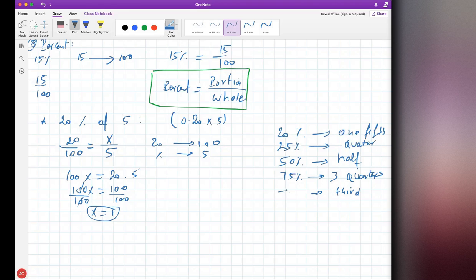A third is 33%. A third of something means exactly 33%. So these are pretty easy. You can do these most of the time without involving any of this. But sometimes it could be 17% of something. It doesn't have a name, but we need to know how to do it, and this is the way to do it.